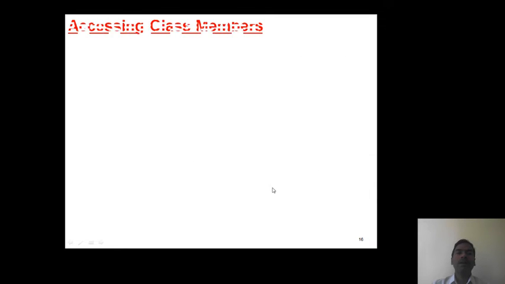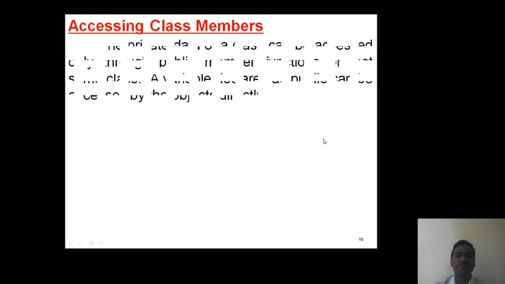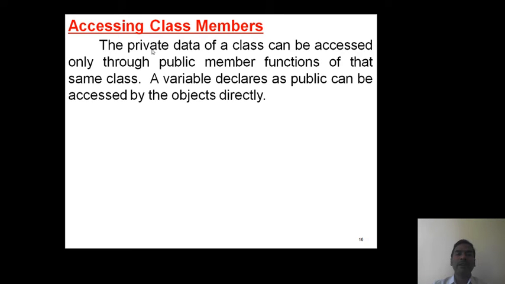Now, how to access class members? Class members can be accessed only with the help of an object. If the data members are public data members, they can be accessed from outside also. If the data members are private data members, they can be accessed only with the help of public member functions of the same class.